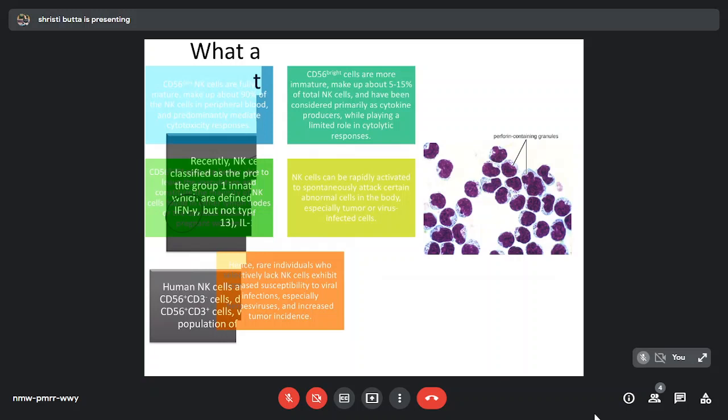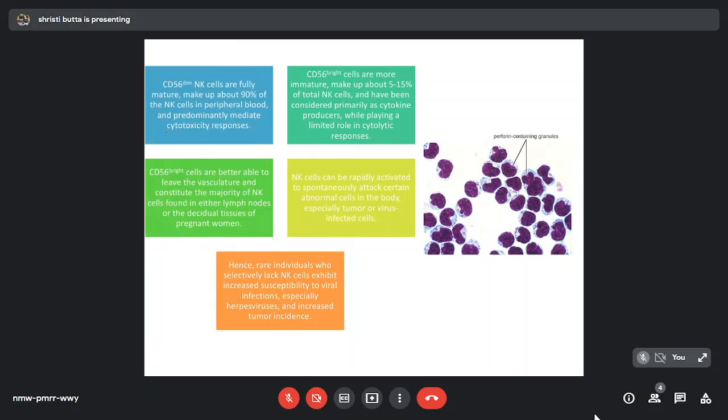They make up to 90% of the NK cells in the peripheral blood and predominantly mediate the cytotoxic response. CD56 bright cells are more immature, make up about 5 to 15% of the total NK cells, and have been considered primarily as cytokine producers, with a limited role in cytolytic or cytotoxic responses.